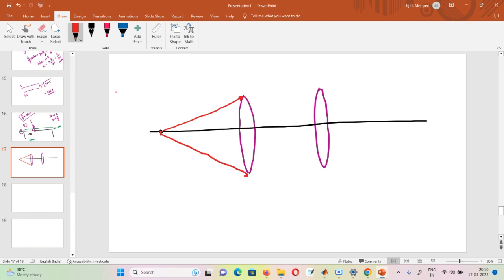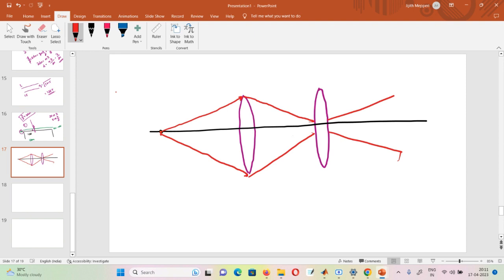It will converge light this way, and after that some divergence is happening. Now, which is the aperture stop, which controls the amount of light passing through the system? Lens one only. Why? Because lens two does not use its whole portion. Correct?